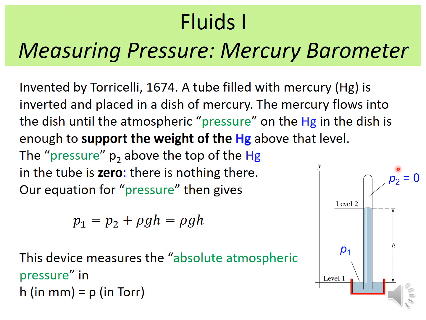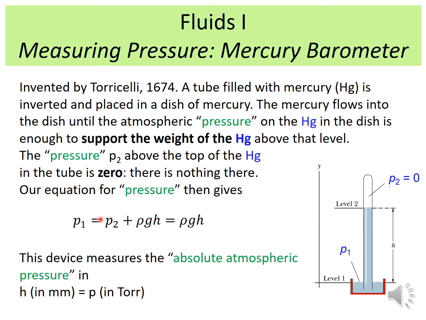So that means the pressure here is 0 because there is nothing. There is no pressure. And so from this height here, which is the height of the column, you can directly get the atmospheric pressure, which is pushing down here and supporting the weight of the mercury column.